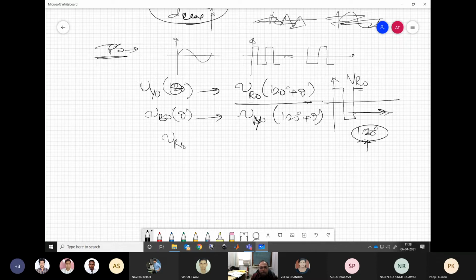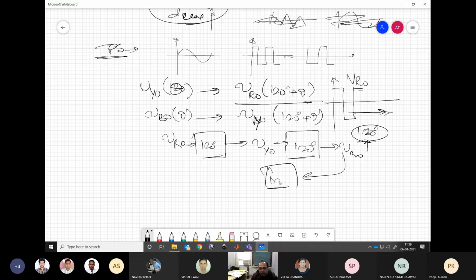So you shift VRO, some block is there, let us say, which gives a 120 degree phase shift, then it is your VYO. You shift 120 degrees, you get VBO. Getting my point? And you shift VBO by 120 degrees and you are back to VRO. Understanding my point?